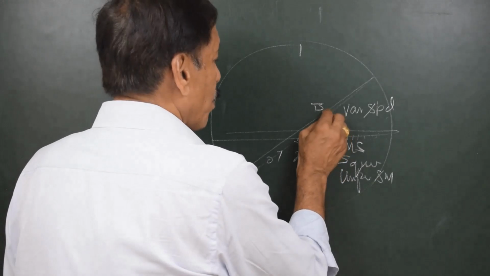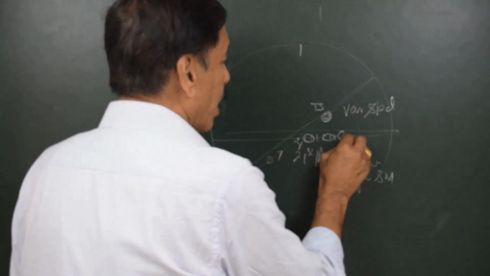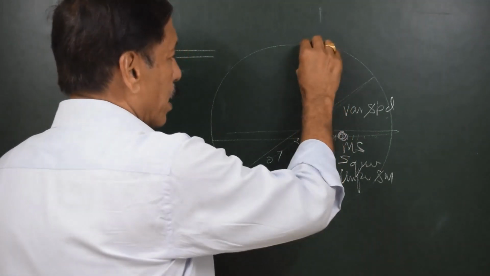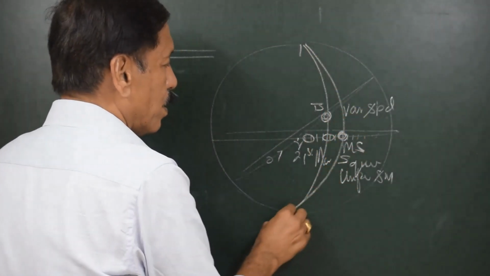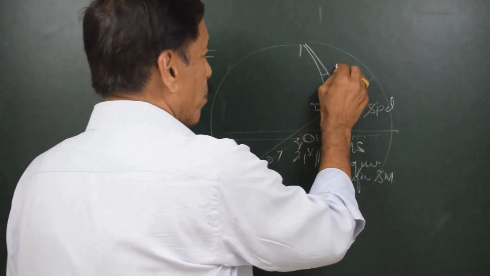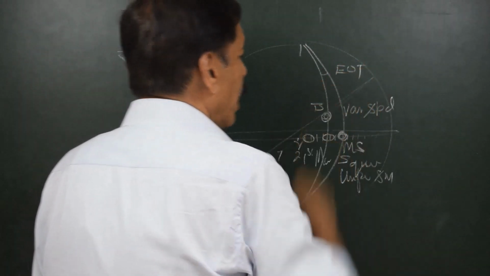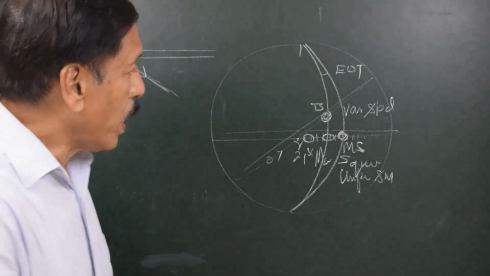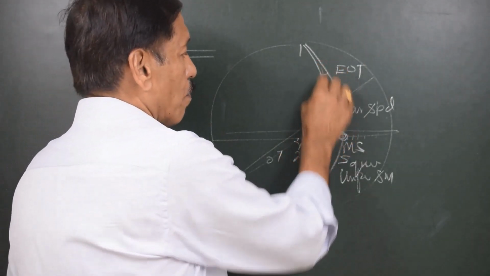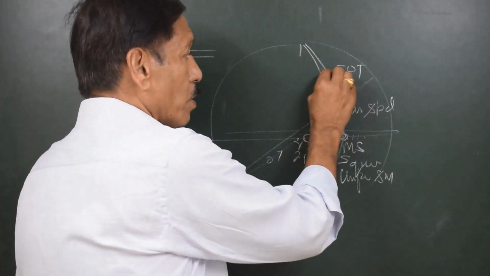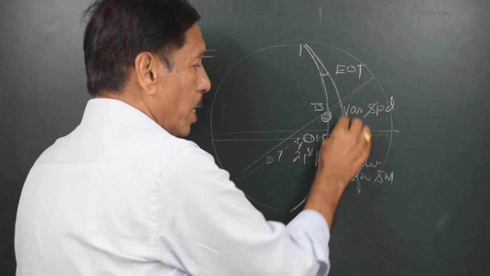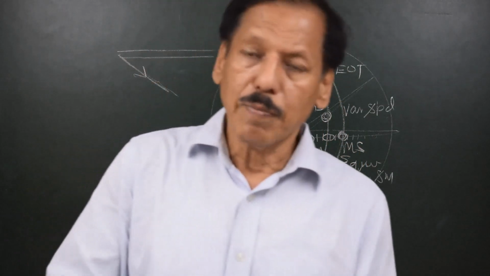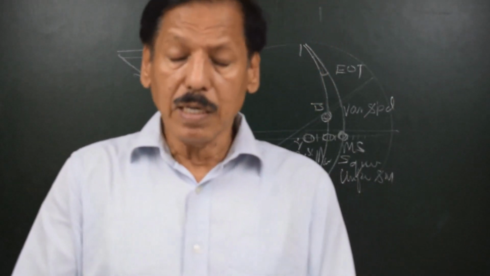Suppose you have the true sun here and the mean sun here, and we measure the difference in their meridians, which is called the equation of time. If we are somehow aware of this equation of time, we would say, okay, here is the position of the true sun, but we know the equation of time, so we also indirectly know the position of the mean sun, from which the time can be decided for any territory or the global time itself.